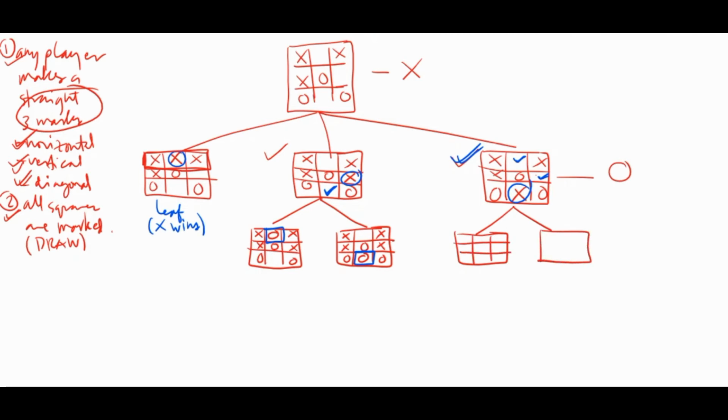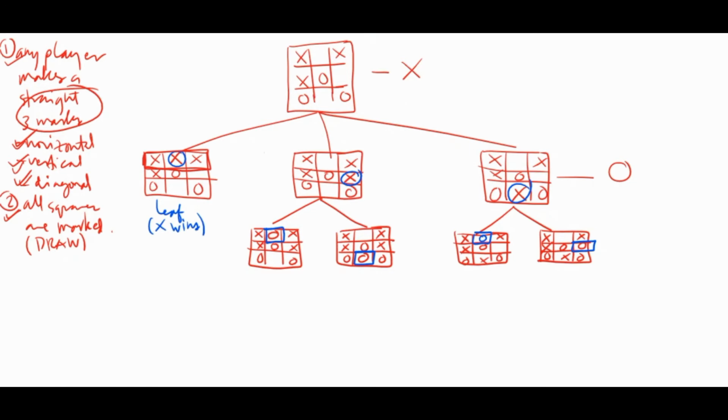For the first one, the current state is X, X, O, O, X, X, O. If player O will place the mark here, that would result to a mark O in here. And if player O would choose to place the mark here, that would result to the next game state, this one, where the mark of O is here.